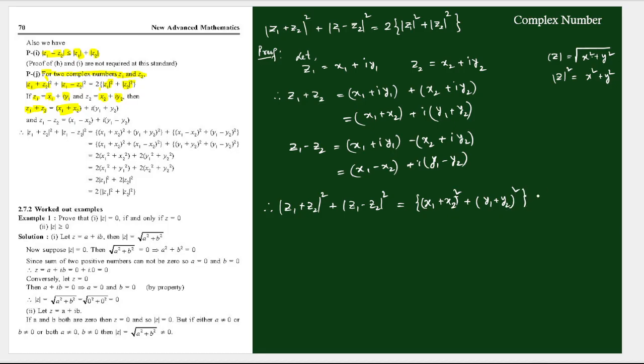Same. x1 minus x2 whole square plus y1 minus y2 whole square. Now you use the formula.